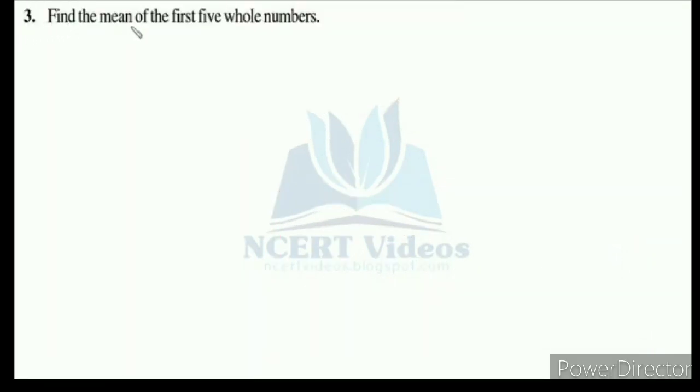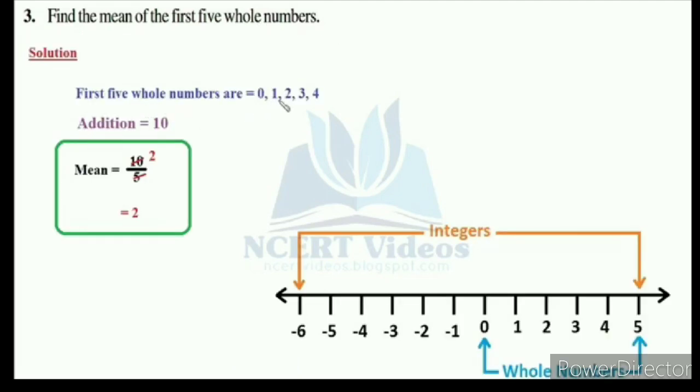Next question, find the mean of the first 5 whole numbers. Here are the first 5 whole numbers: 0, 1, 2, 3, 4. This is the number line with integers. On the right hand side we have natural numbers starting from 1, 2, 3, 4, 5. Including 0 it gives whole numbers. So the first 5 whole numbers are 0, 1, 2, 3, 4.